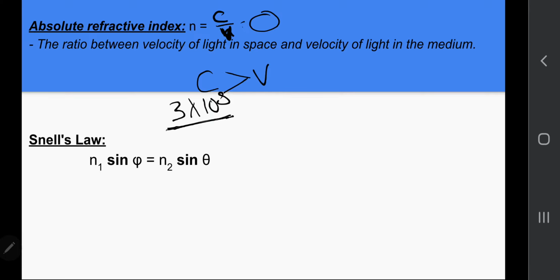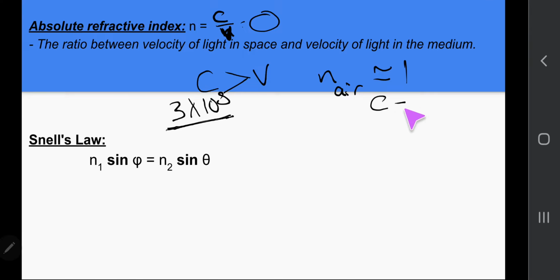But the absolute refractive index of air is approximately equal to 1, because the speed of light in space is nearly equal to the speed of light in air.